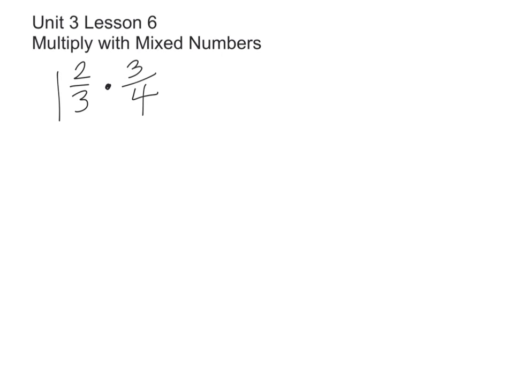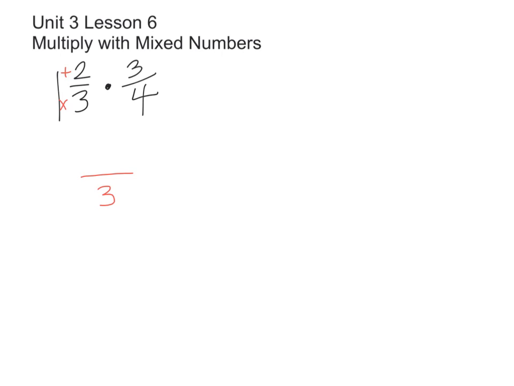So the first thing I want to review with you is how to make this 1 2/3 into an improper fraction. I'm going to put little signs here and see if that jogs any memory. So what we're going to do is keep our denominator the same.